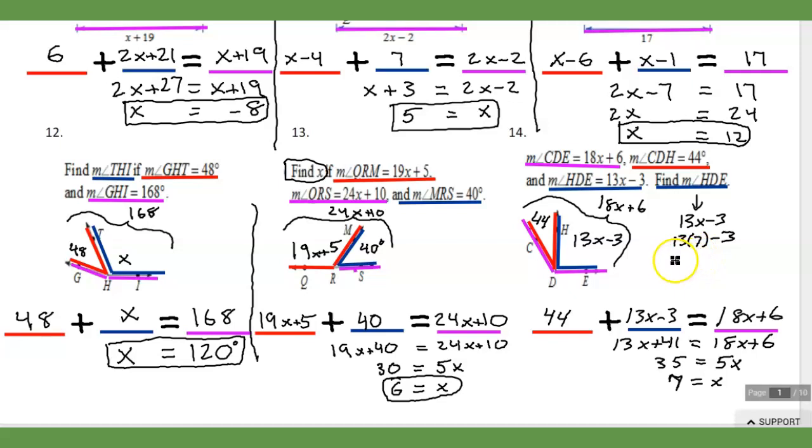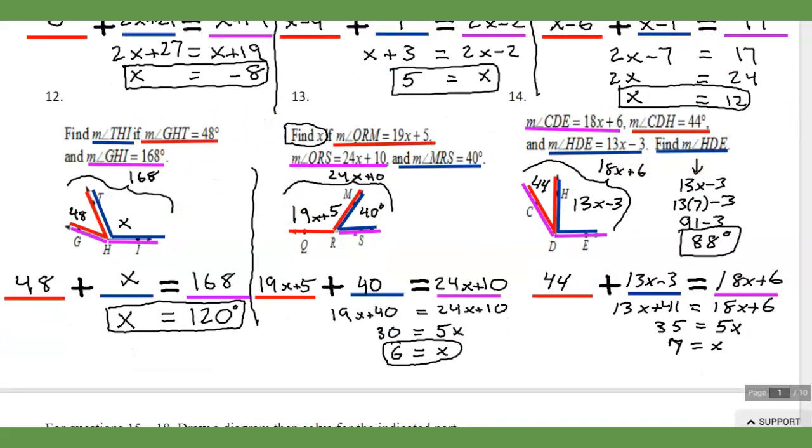And 13 times 7 will give us, what is that, 91. 91 minus 3 is 88. Okay. Degrees. There we go. So this is our final answer. Measure of angle HDE is 88 degrees. So always checking the description here to find out exactly what we're solving for.